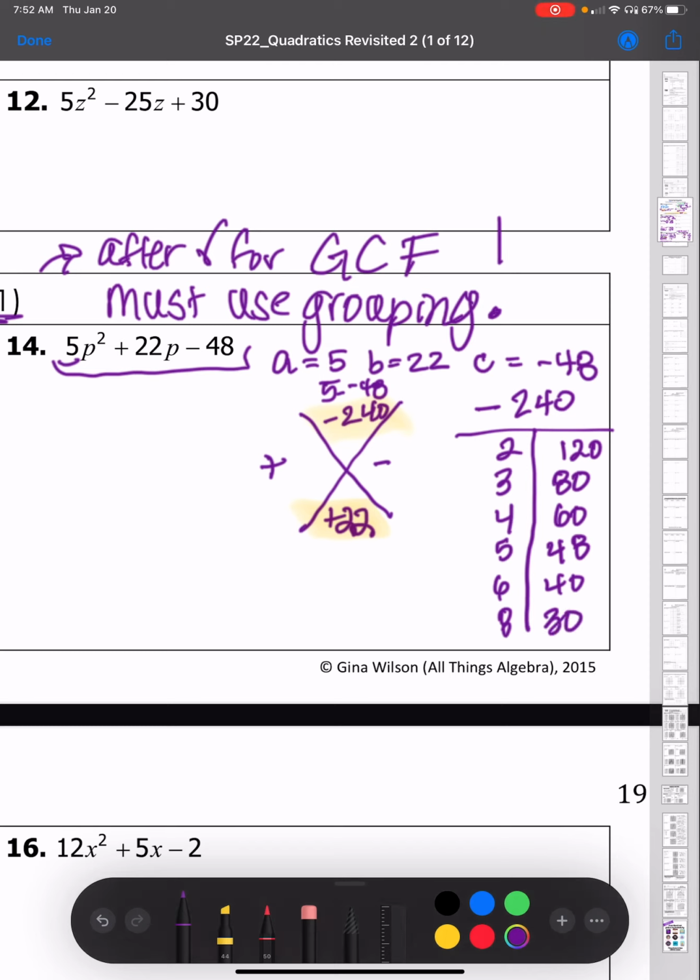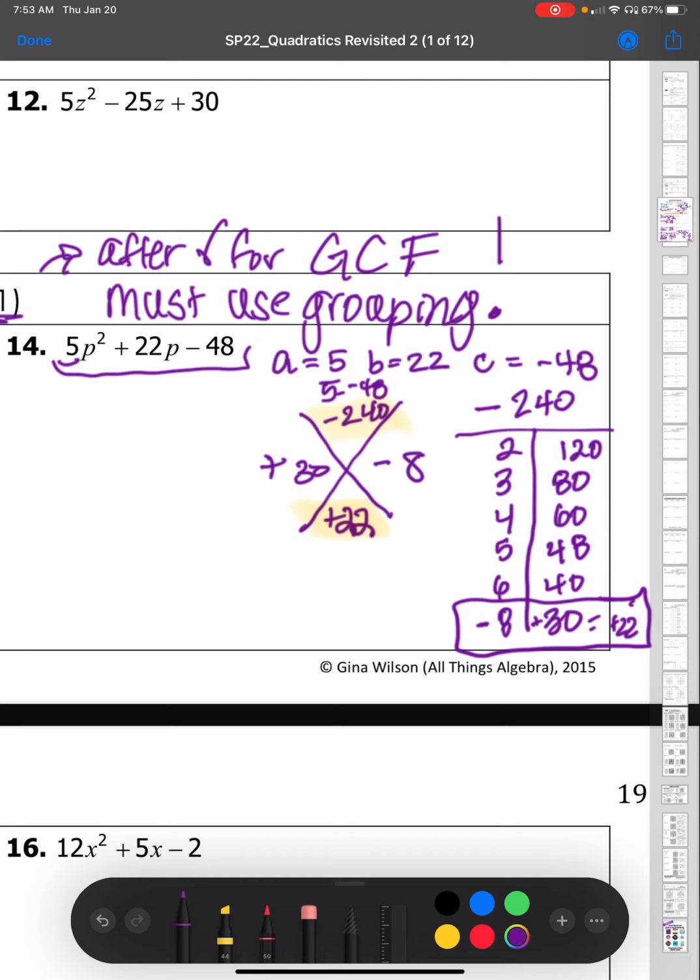Okay, so now I'm looking at 8 and 30. And if I make my 8 negative and my 30 positive, that's going to give me a positive 22. So these are my factors. So I have negative 8 and positive 30.